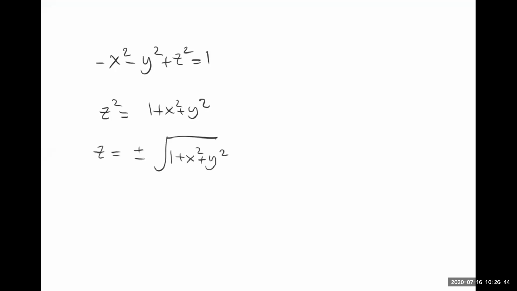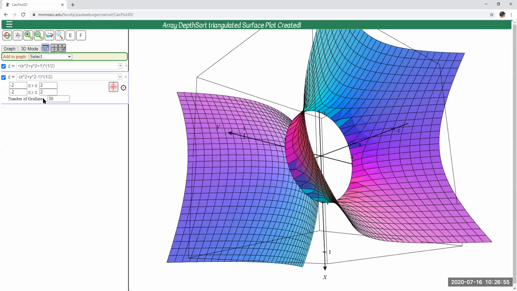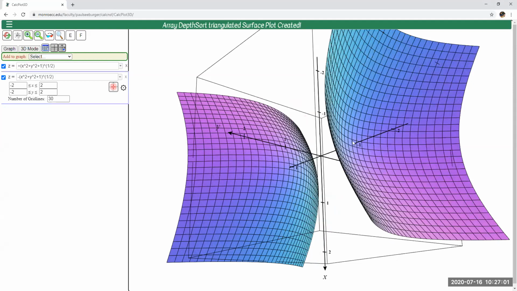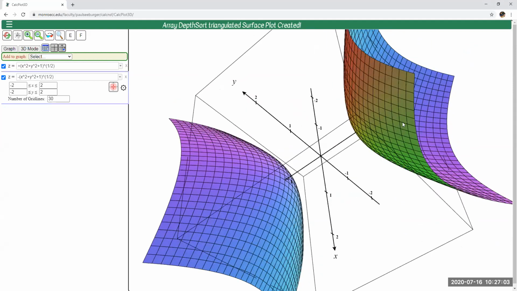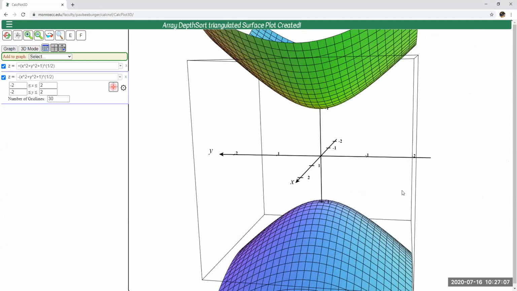So that's the equation for z. And that's what we would get. Okay, I hope it makes sense.